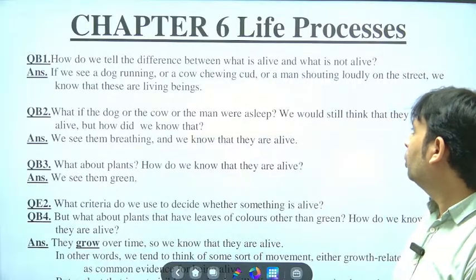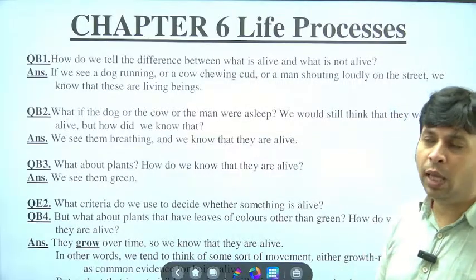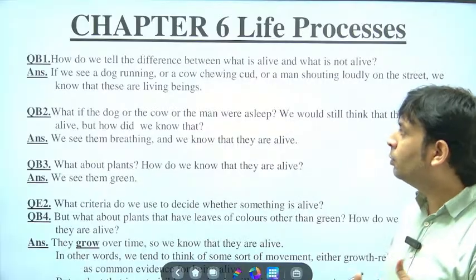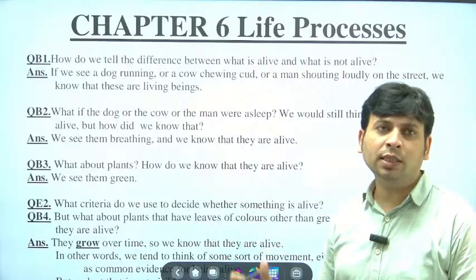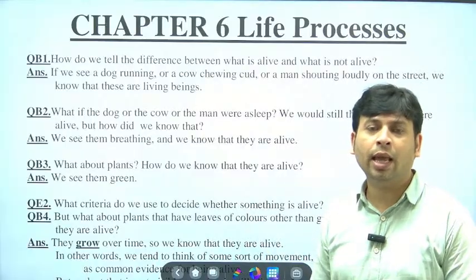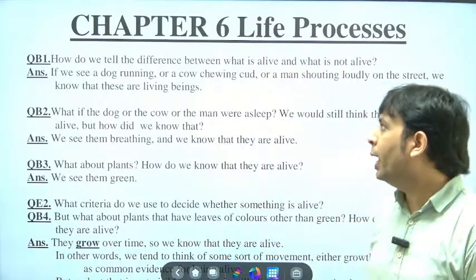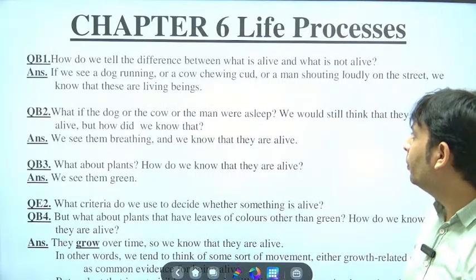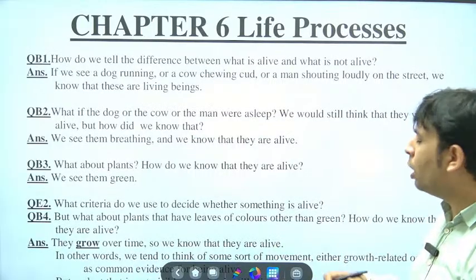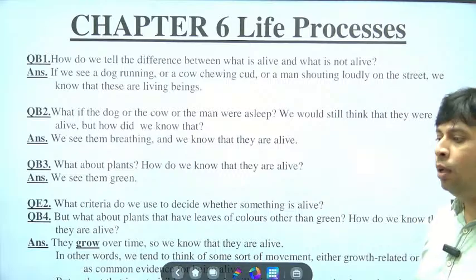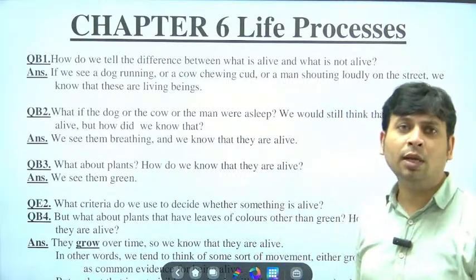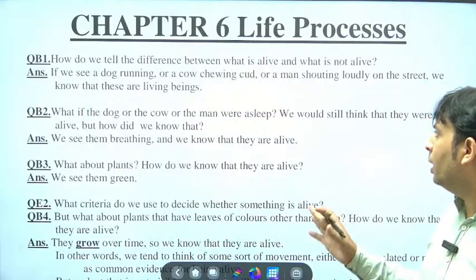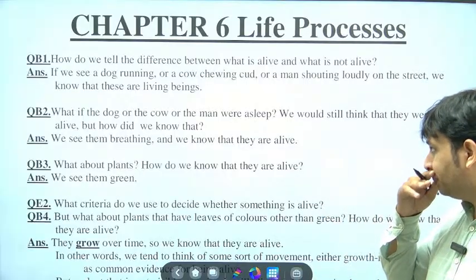Okay, so how do we know that we are alive and something is not alive? First, by watching anything we can say that it is alive or not alive. Like a dog is running, a cow is chewing, or a man is shouting loudly, है ना? When we watch that organism, that person, we can say that they are living beings.